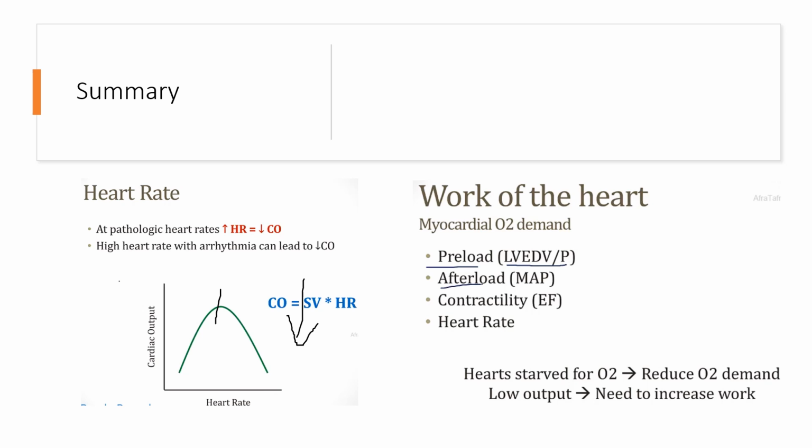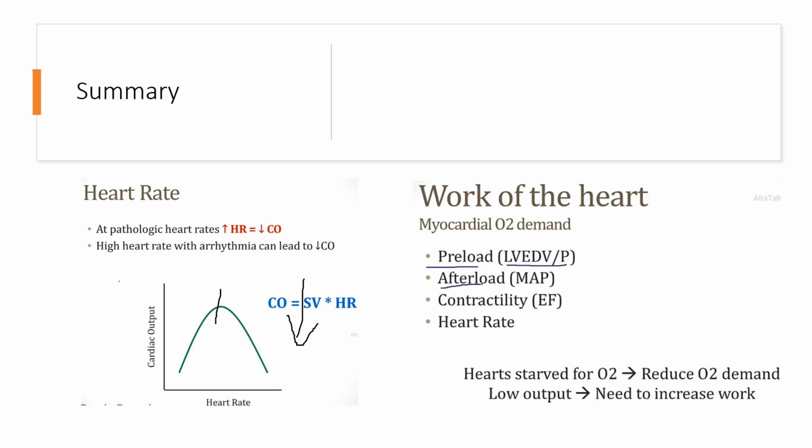Now the work of the heart is determined by four factors: preload, which is also called the left ventricular end diastolic volume or pressure; afterload, which is determined by the mean arterial pressure; contractility, which is determined by the ejection fraction; and the heart rate.